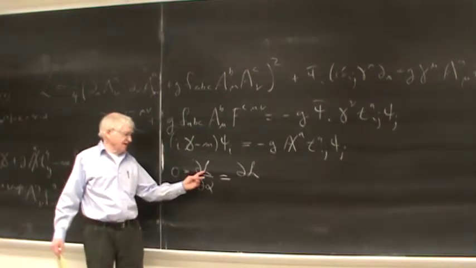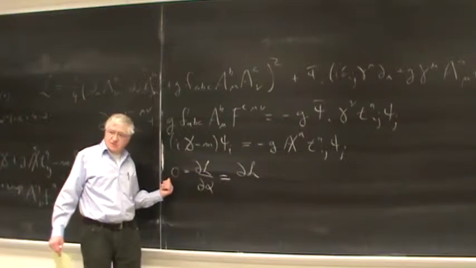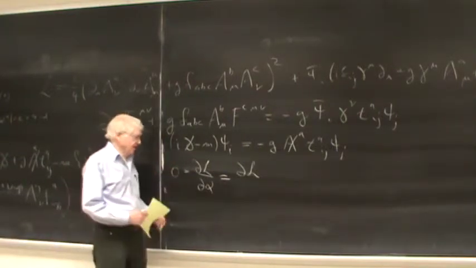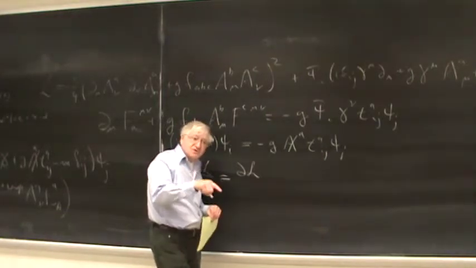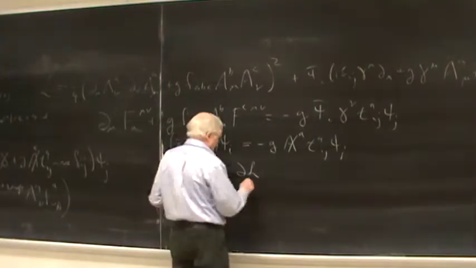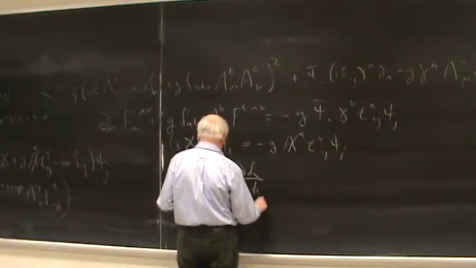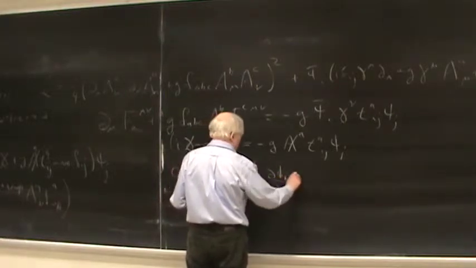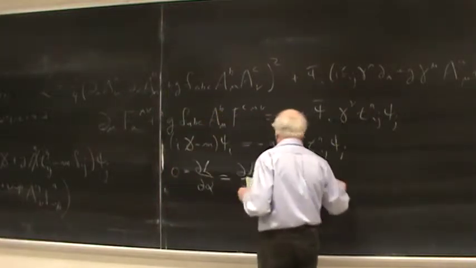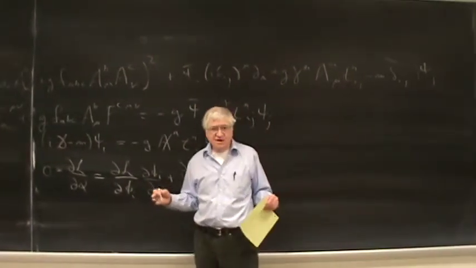Just suppose the action density depends upon a parameter, but the dependence is trivial. Then we have a conserved current, when the equations of motion are satisfied. So this is partial L, partial phi i, where I'm just calling phi i a field, partial phi i, partial alpha, plus partial L, and of course I'm assuming the action density just depends upon the fields and their first derivatives.